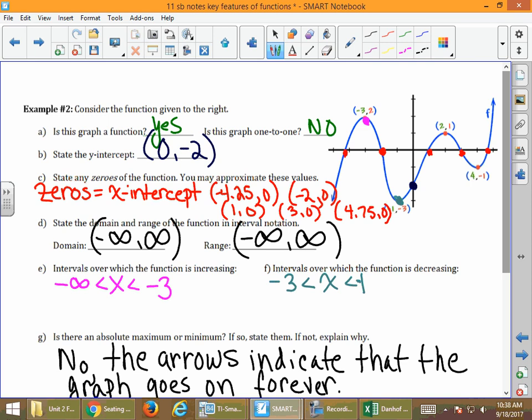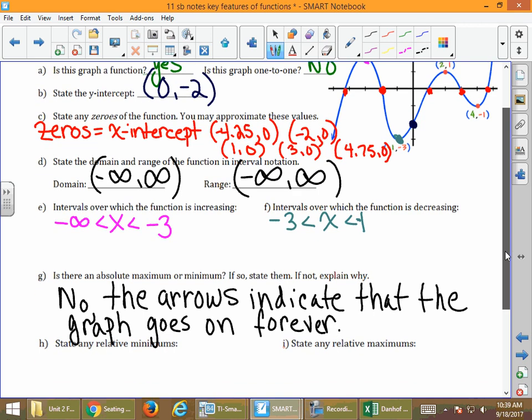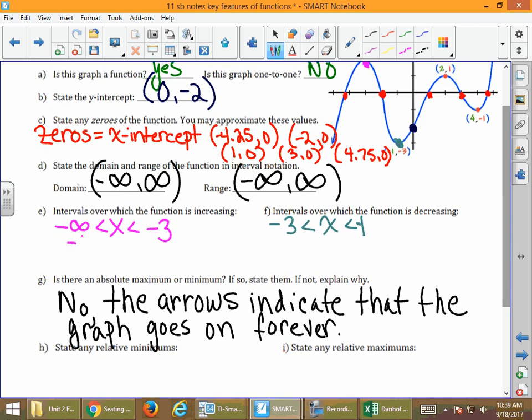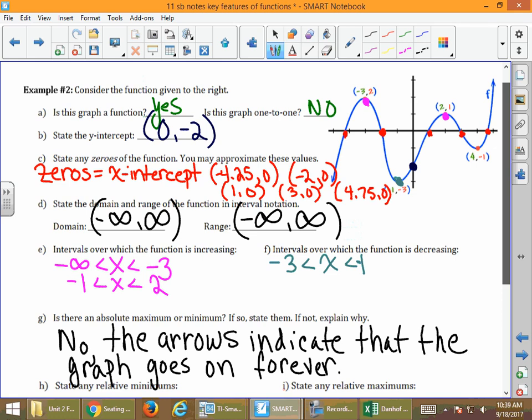But once we get to that sea blue color, we start going up, up, up. And up means that we're dealing with increasing. And we're going to increase from negative 1 to 2. Second purple point there that I will fill in. From negative 1 to 2.